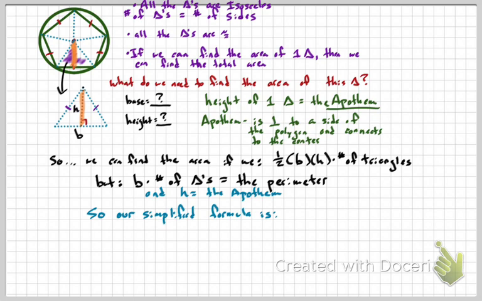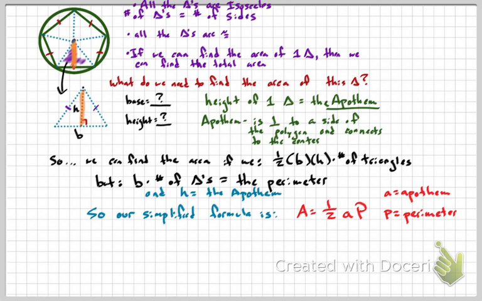So what's going to happen is the area of our regular polygon formula, and this doesn't matter how many sides it has. It could be used for a triangle. It could be used for a decagon. It can be used for a hexagon. It is 1/2 times the apothem times the perimeter of your figure.